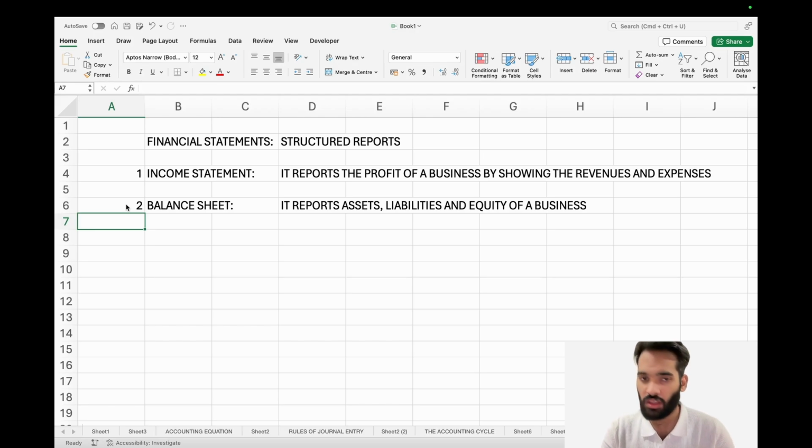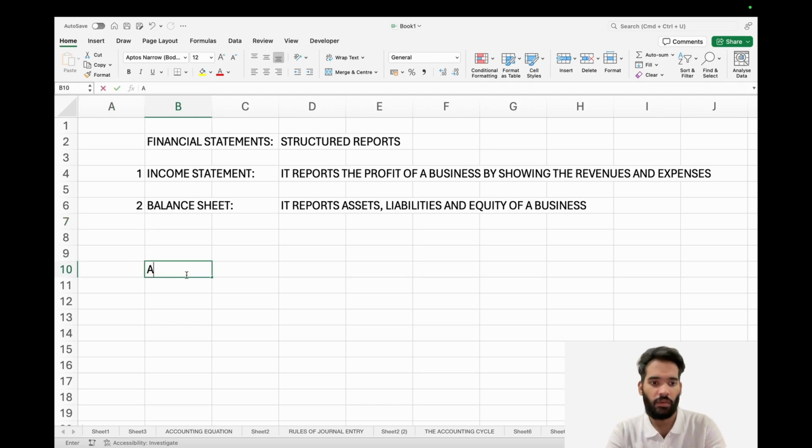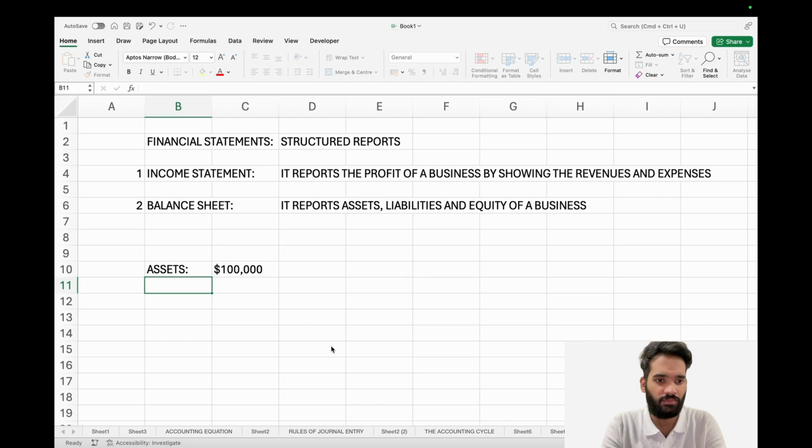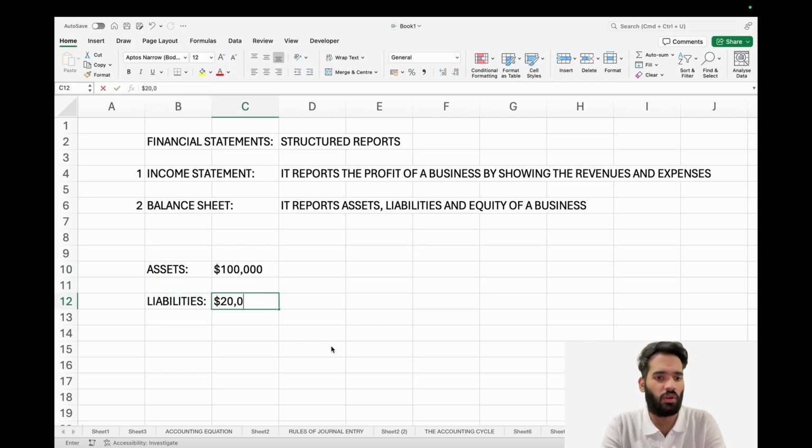So let's assume there's a person, right? If a person has assets, because it applies to everything, right? If it applies to a company, it also applies to a person. Let's say a person has assets of $100,000 and they have liabilities of $20,000.